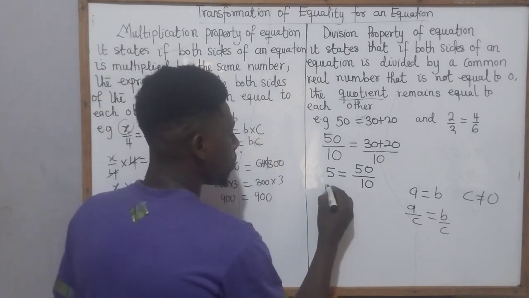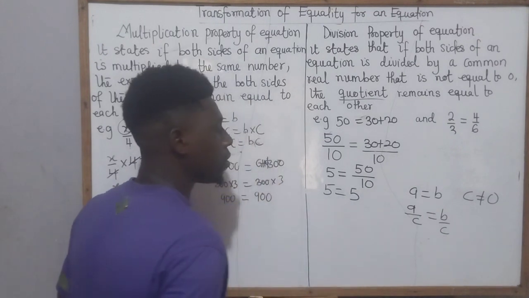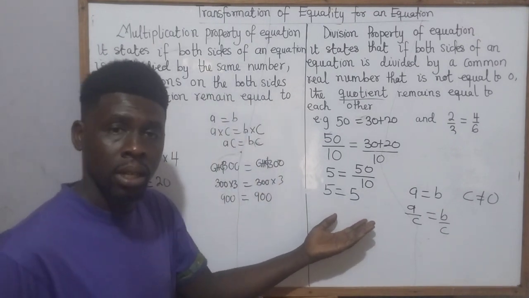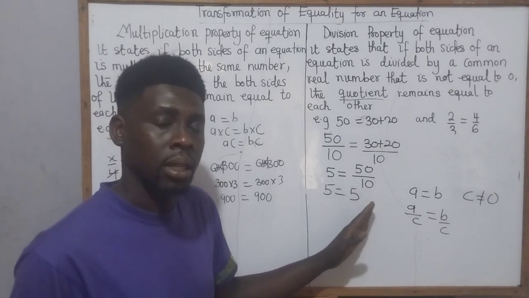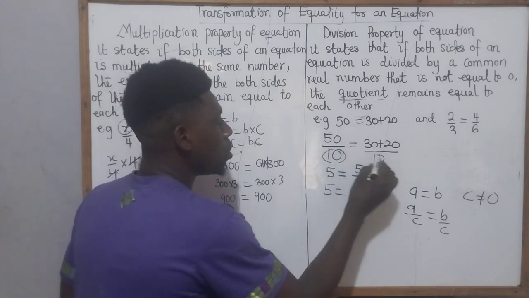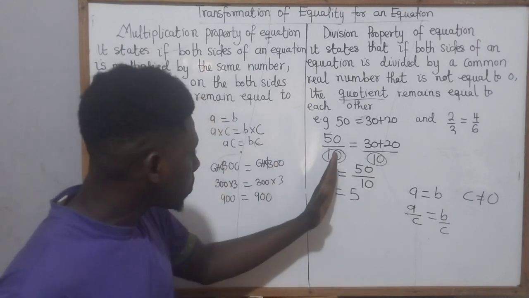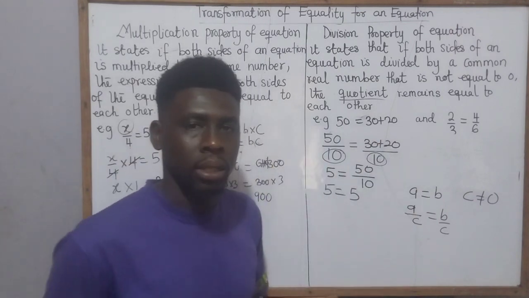So 5 is equal to 10 goes into 50, giving me 5. So you can see clearly that the left-hand side is equal to the right-hand side, because the same value was divided from the left-hand side and the right-hand side.